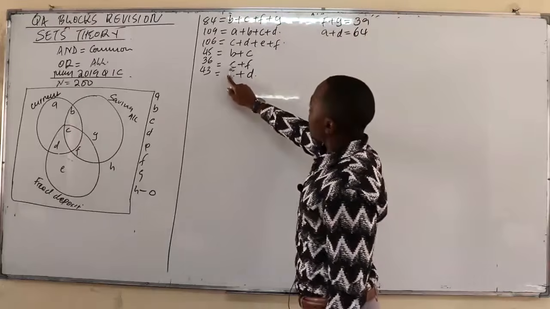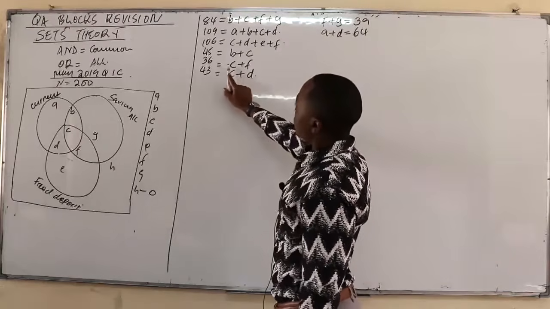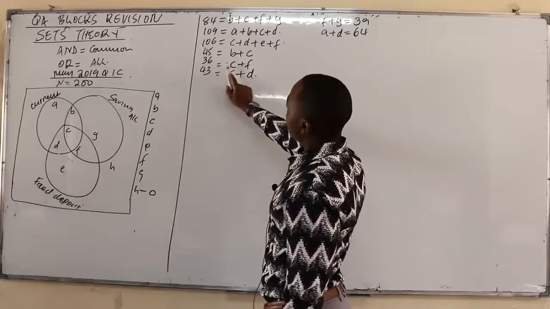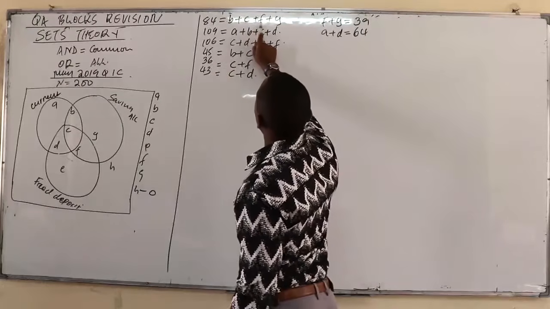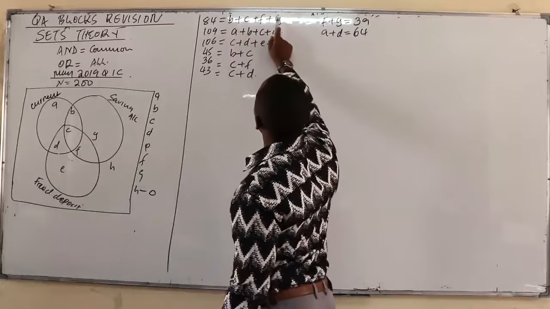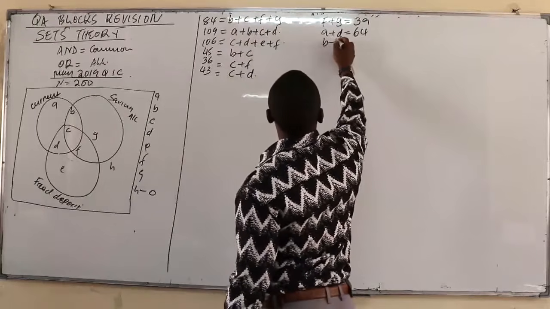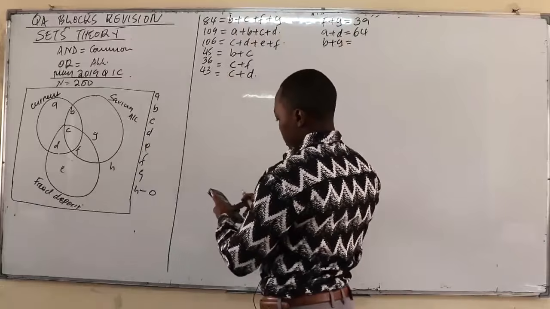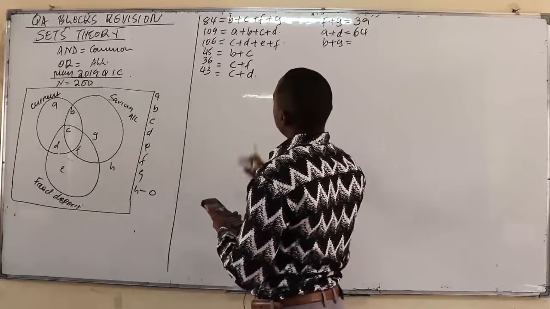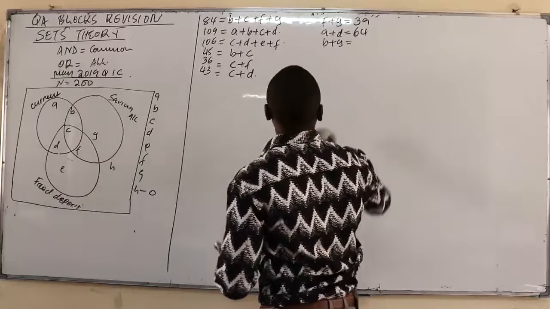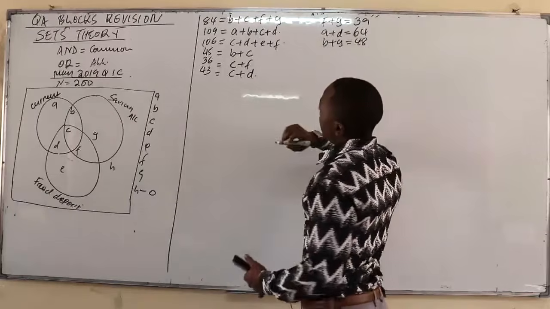Then you have CF, which is equal to 36. Here we have CF, which means we can get B and G. To get B and G, you take 84 minus 36, and you get 48.